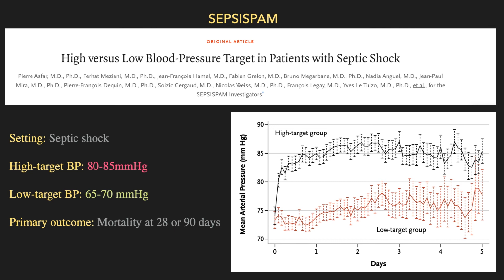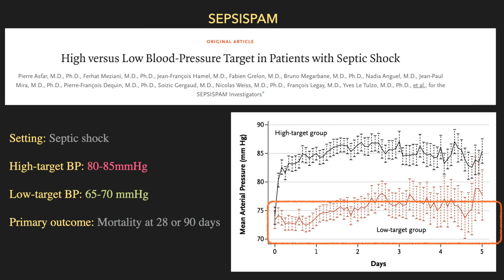So you can clearly see in the trial that there is a difference in the blood pressure curve between the high target group and the low target group. But I would like to ask you to pay attention to the low target group. Even though you set a MAP of 65 to 70 as your goal, in reality most patients in the low target group have a MAP of 70 to 75.